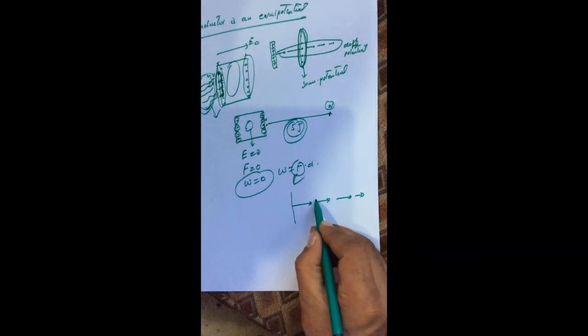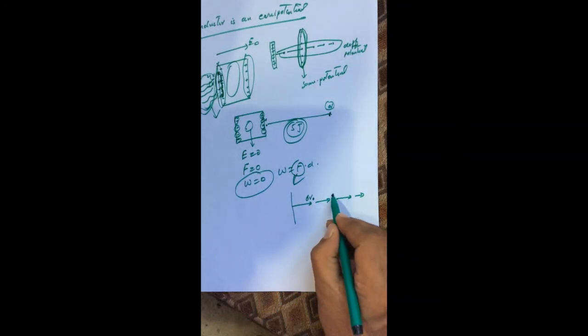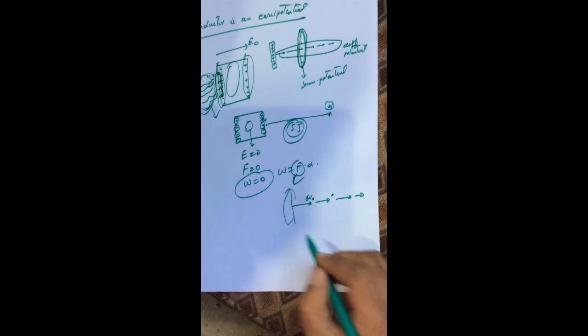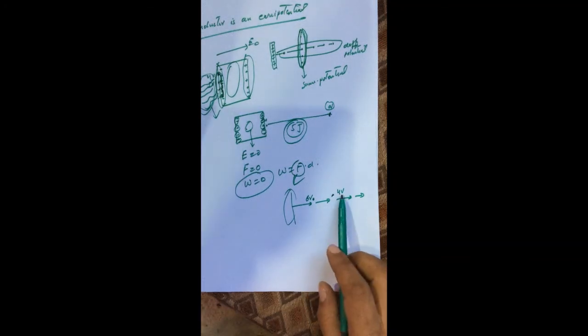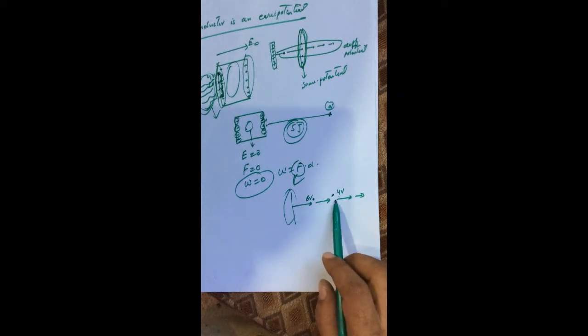The point which is close to the source is at higher potential, let's suppose 6 volt. And the point far away from the source is at lower potential, let's suppose 4 volt. This point is close to the source of charge and this point is far away from it.